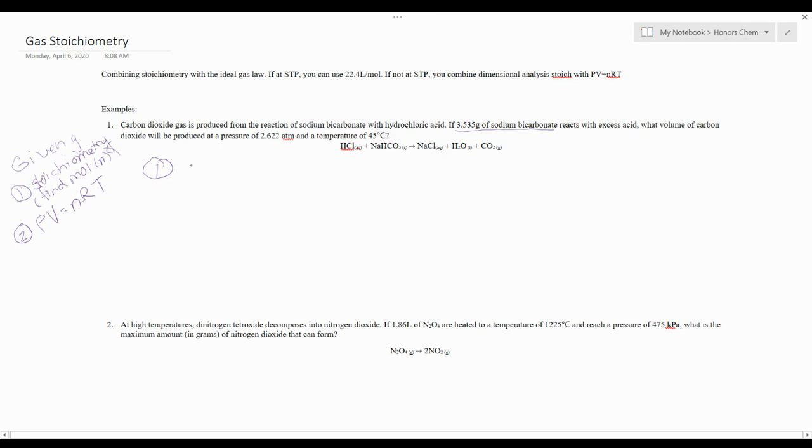So we'll start with our 3.535 grams of NaHCO3. Divide it by the molar mass. So that would be 84.007 grams for sodium bicarbonate.